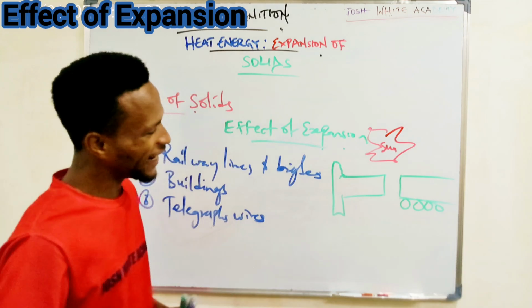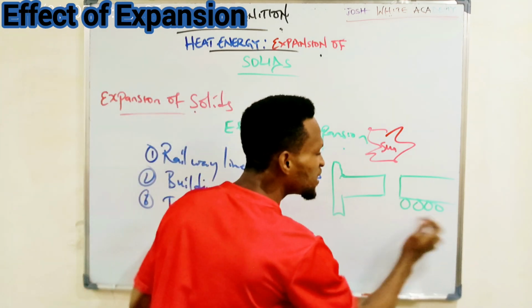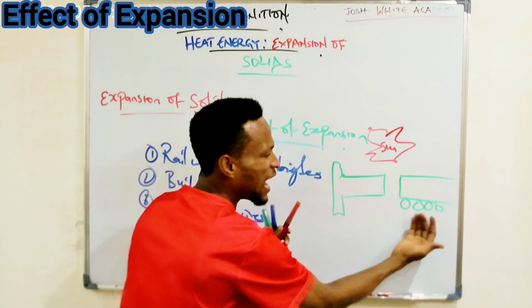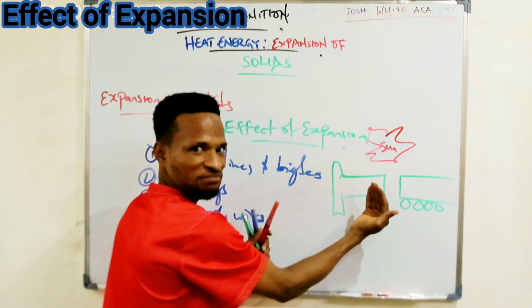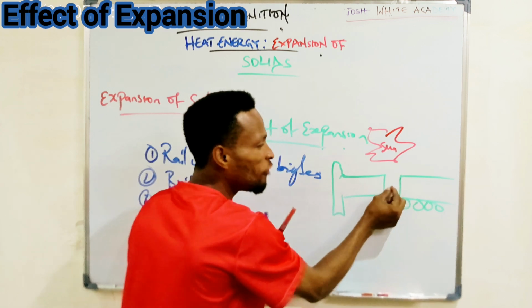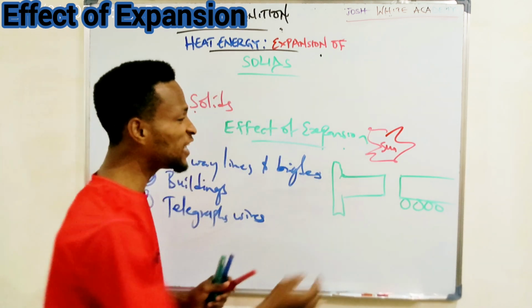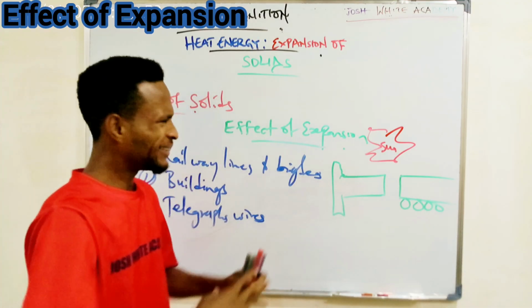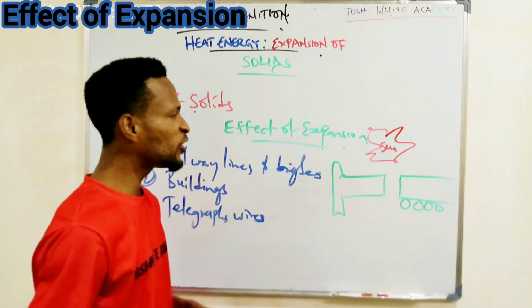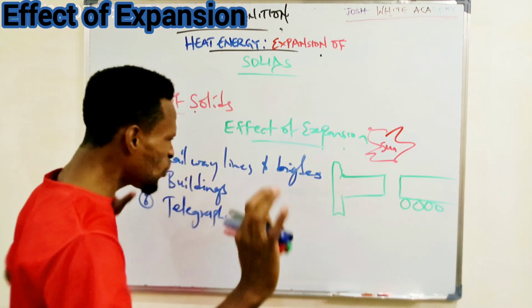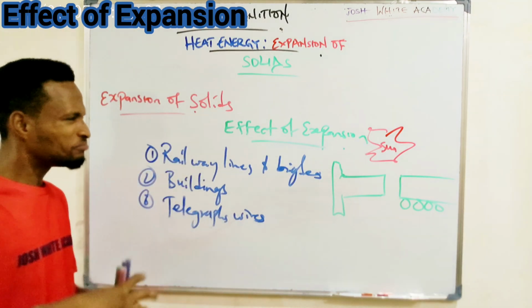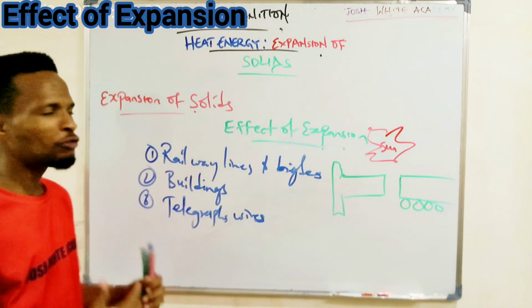So what they do is, there are rollers here, so that when this body begins to expand, it can allow this metal to shift a little, thereby covering more of this space. But if there is no space in between and the body wants to expand, it causes a breakage of that railway line. So railway lines and bridges are always given space for expansion.